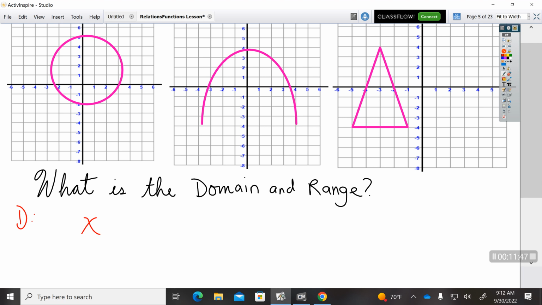Possible. So how far to the left does this circle go? All the way to, let's say it reaches this number. That goes all the way to what number on the left? -3. How far does it go to the right? It goes all the way to +3. Are you with me? Can it be lower than -3? No. Is it bigger than +3?